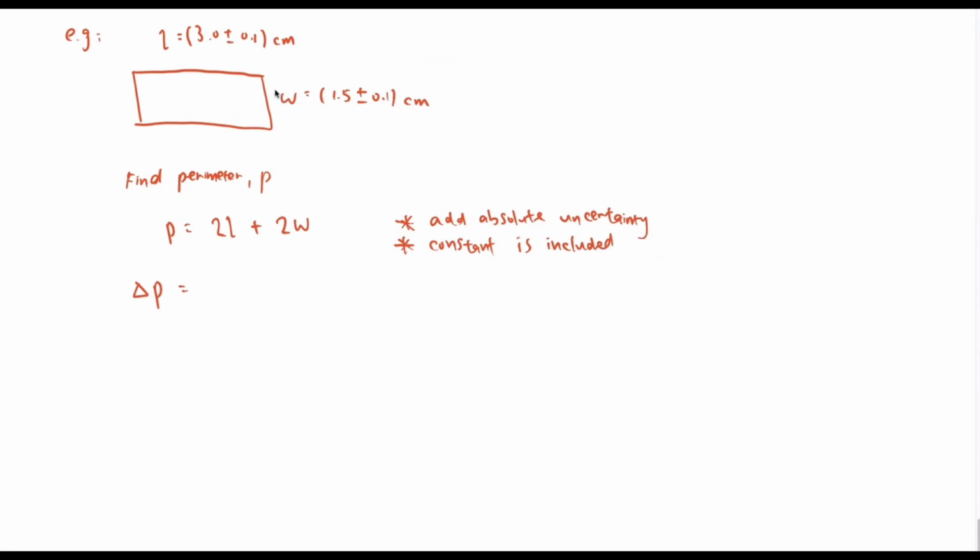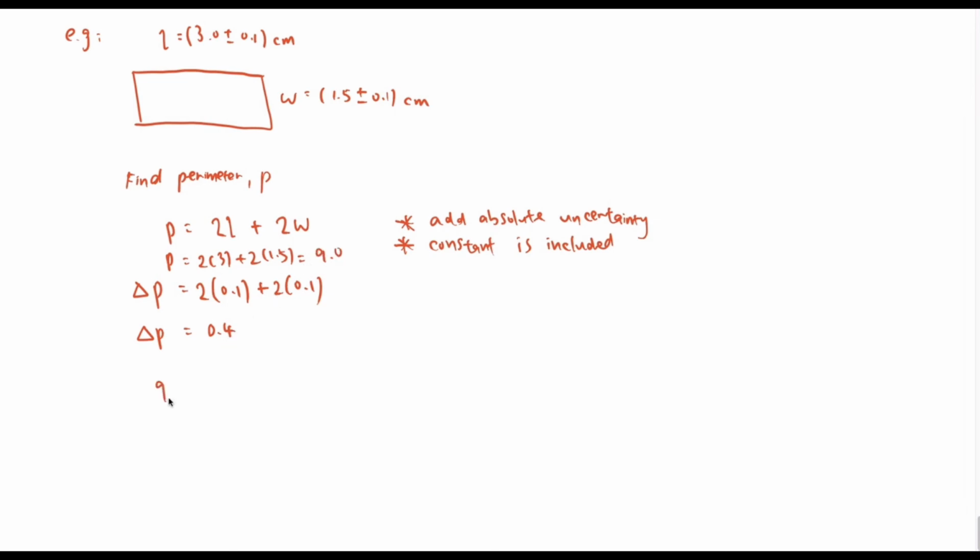That means the 2 is included: 2 times 0.1, the absolute uncertainty. No need to change to percentage or fractional. The constant is included, 2 times 0.1, and then we get 0.4 for delta P. The calculation of P, no problem: 2 times 3, plus 2 times 1.5, and you get 9.0, same decimal.